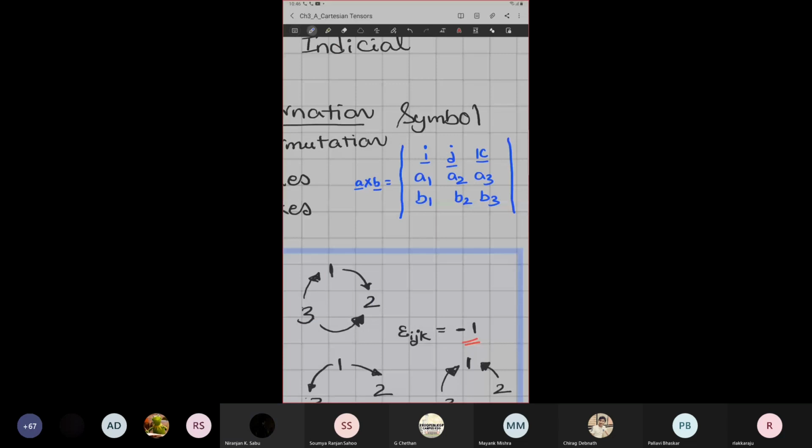Determinant. Can you tell me? Sir, here we will write A2 into B3 minus B2 into A3 i. So first you close this one, then calculate A2 B3 and B2 A3, right? Subtraction.